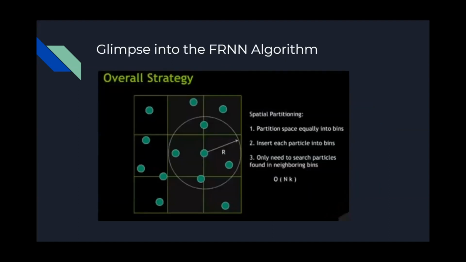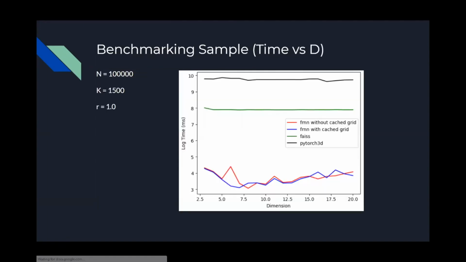So this is just a visualization of what the FRNN looks like. It basically uses grids to speed up the search. Here's a graph that details the benchmarking. This is just one graph from a set of graphs. Here I looked at the time taken against the dimensionality of the points.